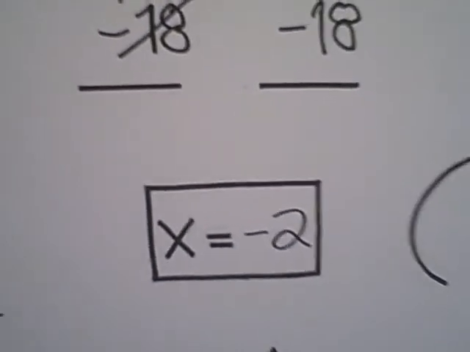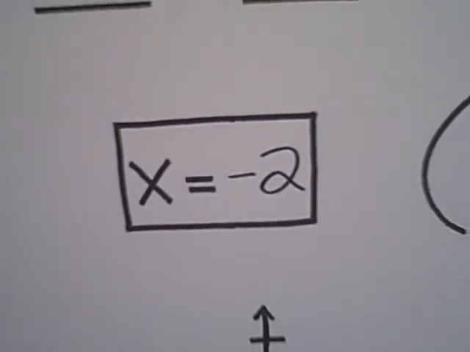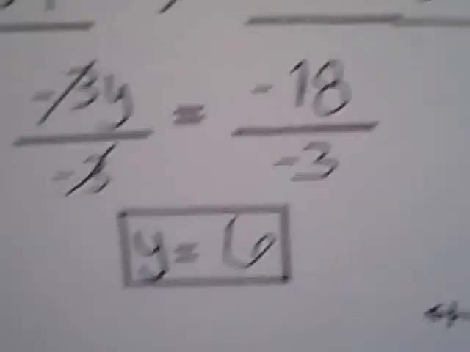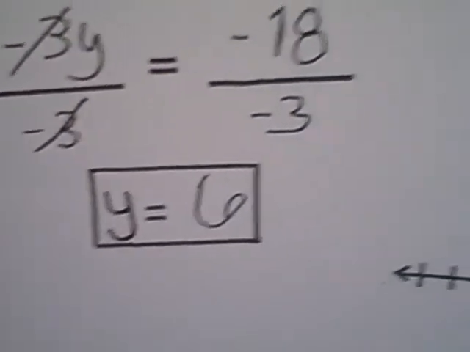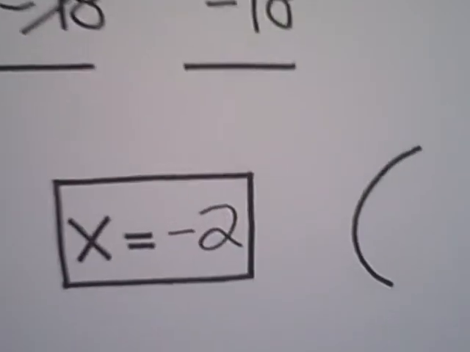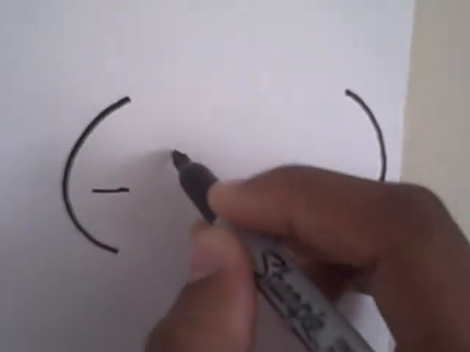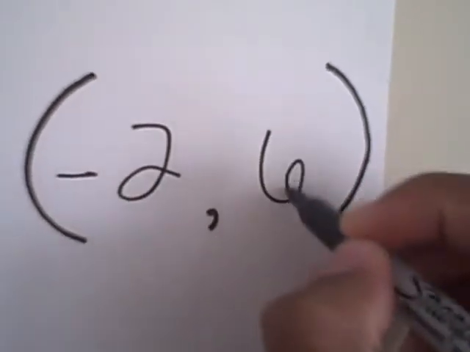So that's what x equals. We solved for x and we got negative 2. In our previous equation, we solved for y and we got 6.